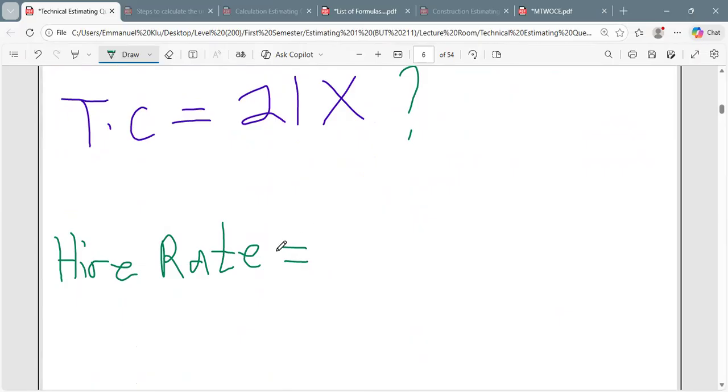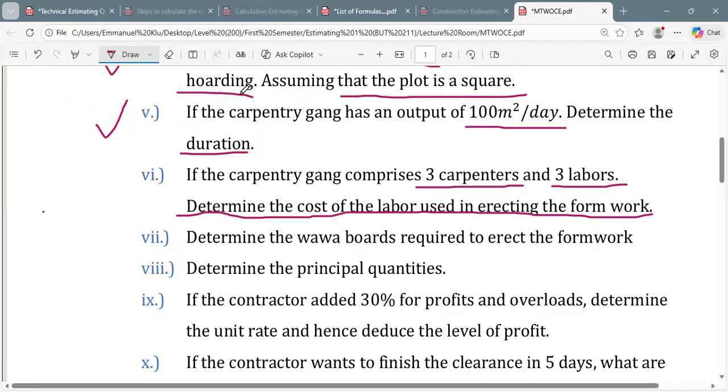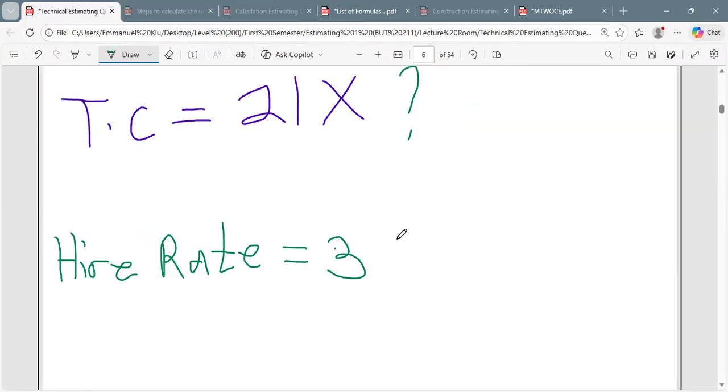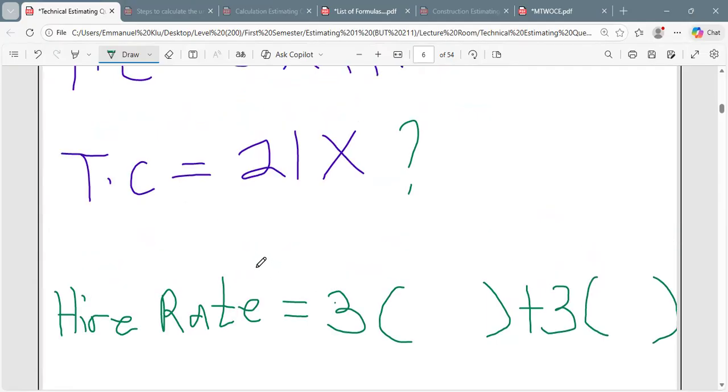Since there are three carpenters and three laborers, because they said three carpenters and three laborers, that is how we can know the total hire rate.